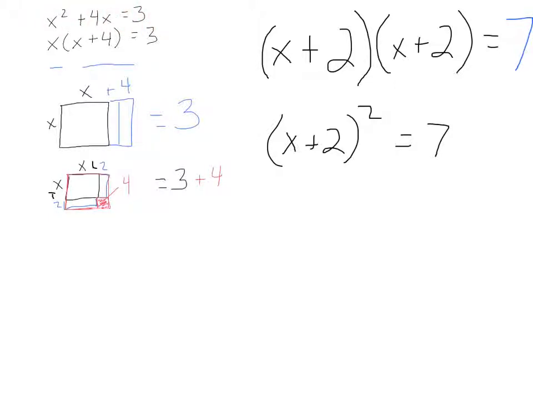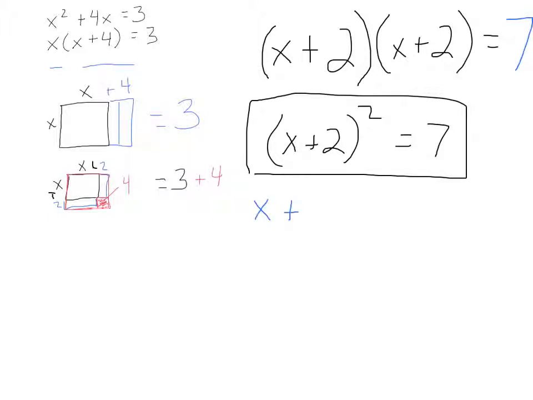Well, we used completing the square and created an equation that is easier to solve. And we solve that first by taking the square root of both sides. So now we have x plus 2 equals plus and minus square root of 7.